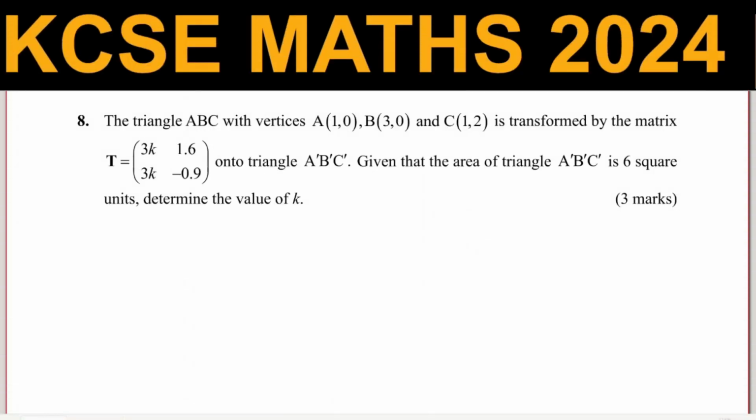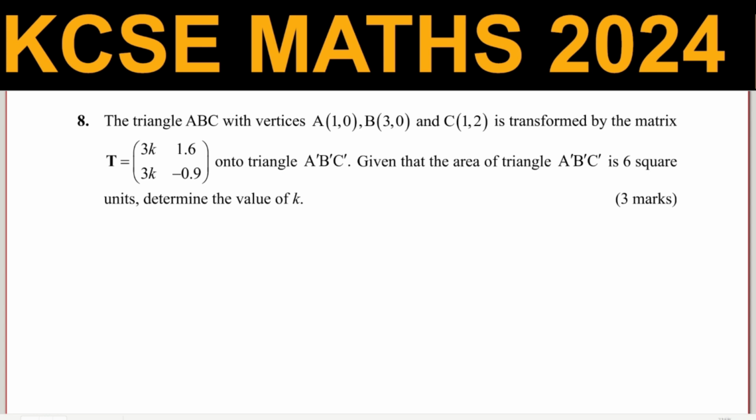The triangle ABC with vertices A(1,0), B(3,0) and C(1,2) is transformed by the matrix T given there, (3k, 1.6; 3k, -0.9), onto triangle A'B'C'. Given that the area of the triangle A'B'C' is 6 square units, determine the value of k.